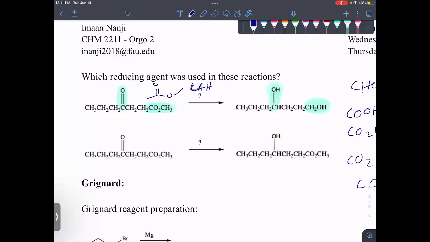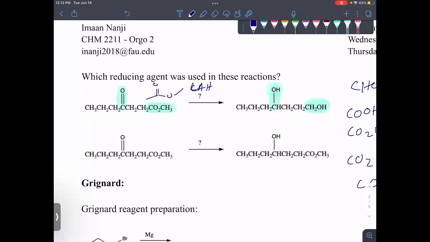If we used... never mind, we're getting to that. The second example, is that why you said that? Yeah, so, no, go tell me. Because the second example doesn't have the primary alcohol, so that's why we use NaBH4.